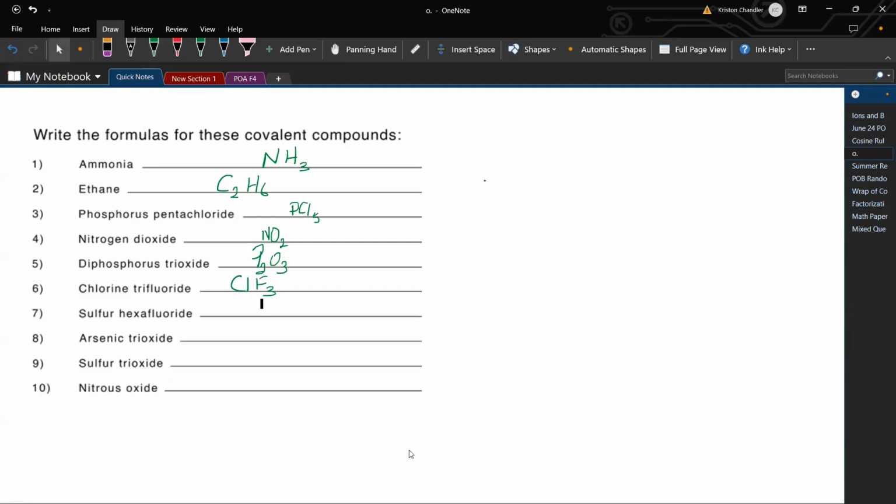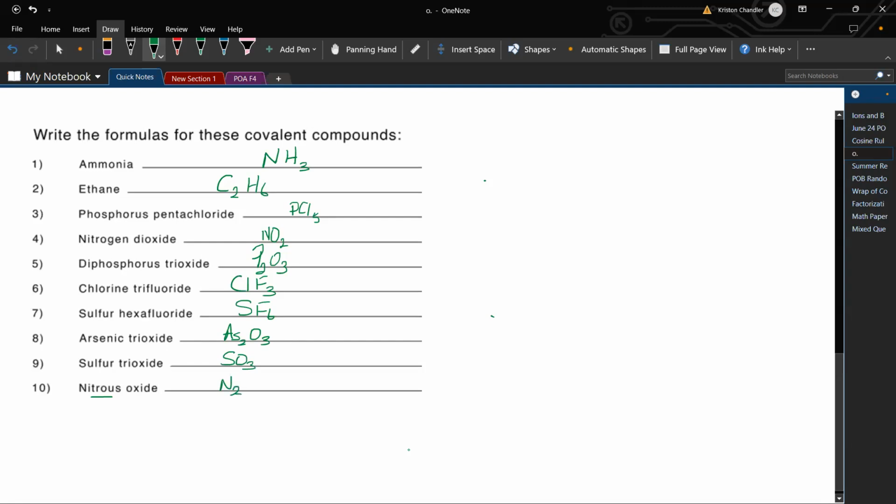Sulfur hexafluoride, hex is 6, good. Arsenic trioxide, good. Sulfur trioxide, SO3. And last one, nitrous oxide. This one was a little different, N2O. Very good. So these are some common covalent compounds, so it's good to know the formulas for these.